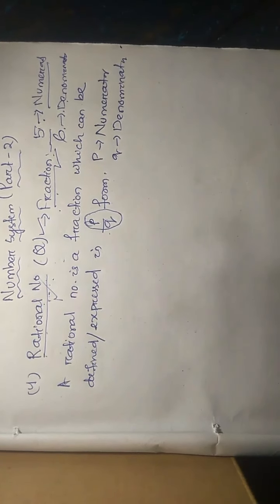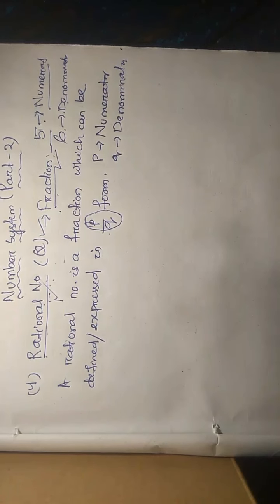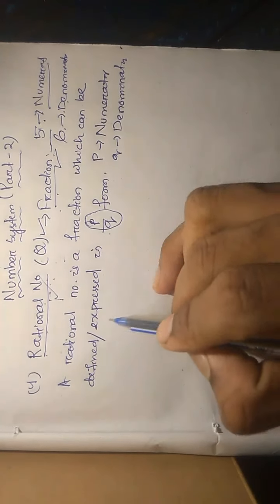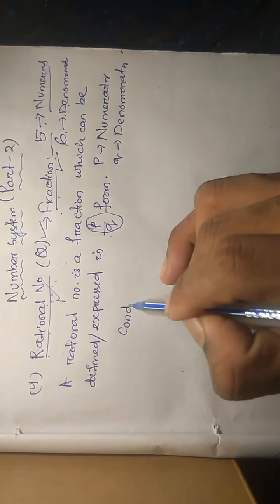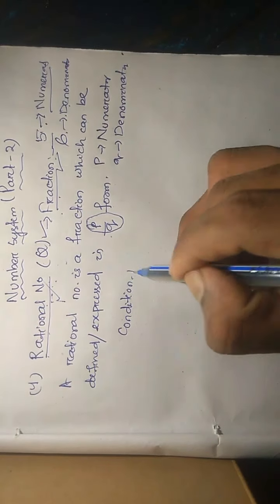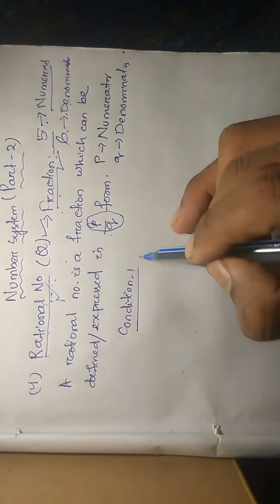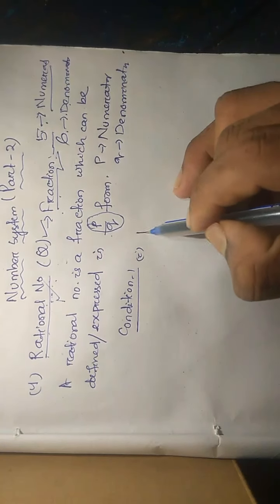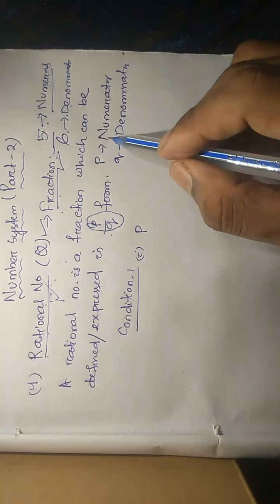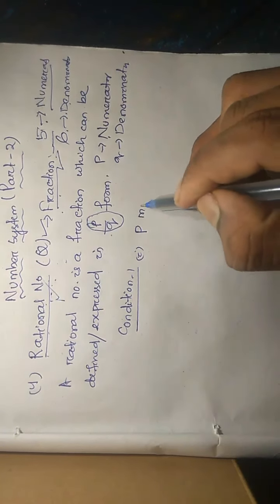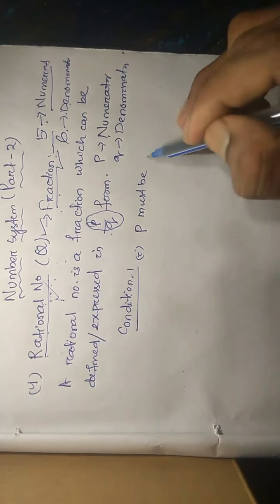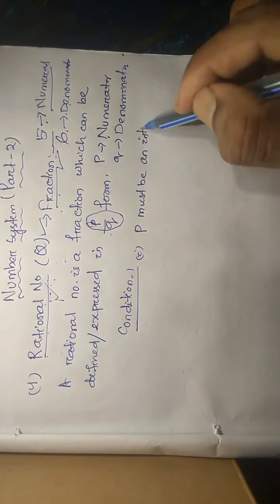But in order to be a rational number, there are three more conditions that must be followed by any number to become a rational number. So what are the three conditions? The first condition is condition 1. P means the numerator. P must be an integer.